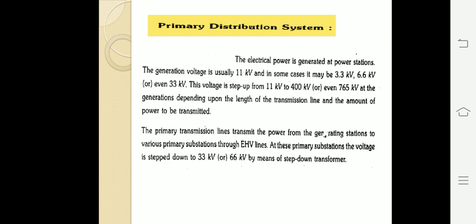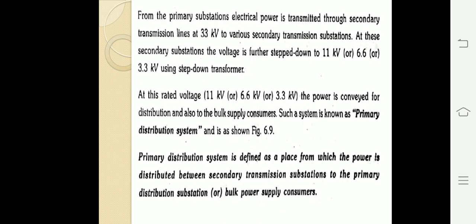At these primary substations, the voltage is stepped down to 33 kV or 66 kV by means of a step down transformer. So we step down the voltage from higher levels, up to 33 kV or 66 kV.